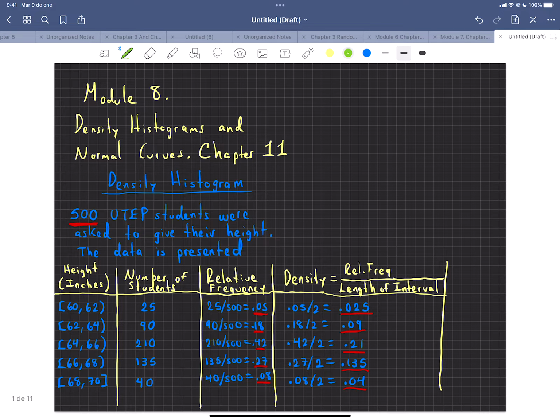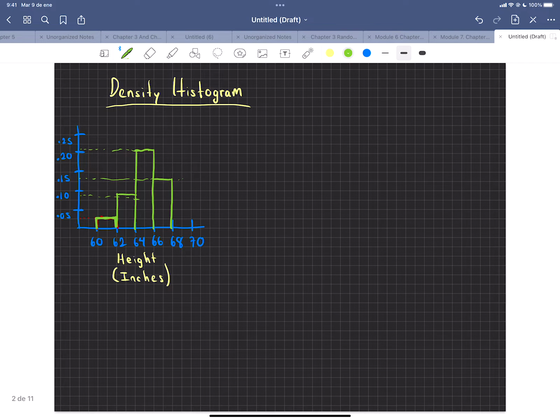And 68 to 70, 0.04. And there you have it, this is the density histogram.